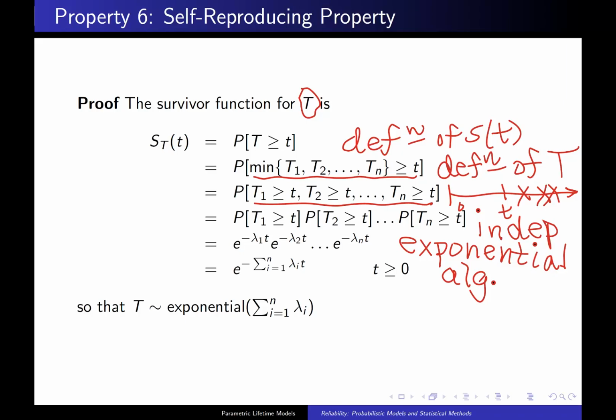Now notice the form of this thing. This is a survivor function of capital T, and it's e to the minus, and here is a constant in parentheses times t, and what that tells you is you are again exponentially distributed, and the parameter in the exponential distribution is the sum of the lambda i's.